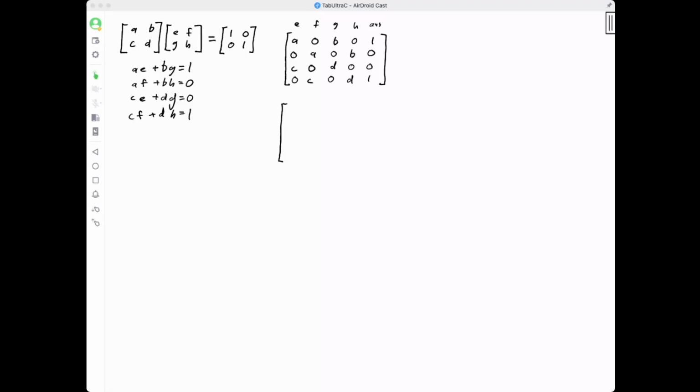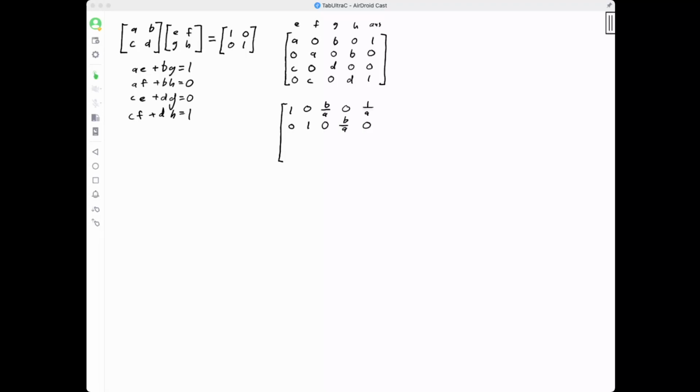When I go to find the reduced row echelon form, I'm going to take the first row and multiply it by 1 over A to get 1, 0, B over A, 0, 1 over A. The second row, I'm also going to multiply by 1 over A to get 0, 1, 0, B over A, 0.